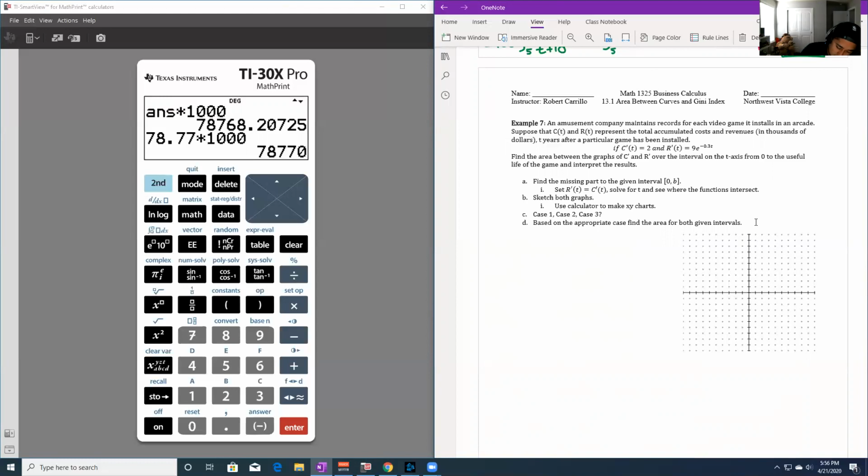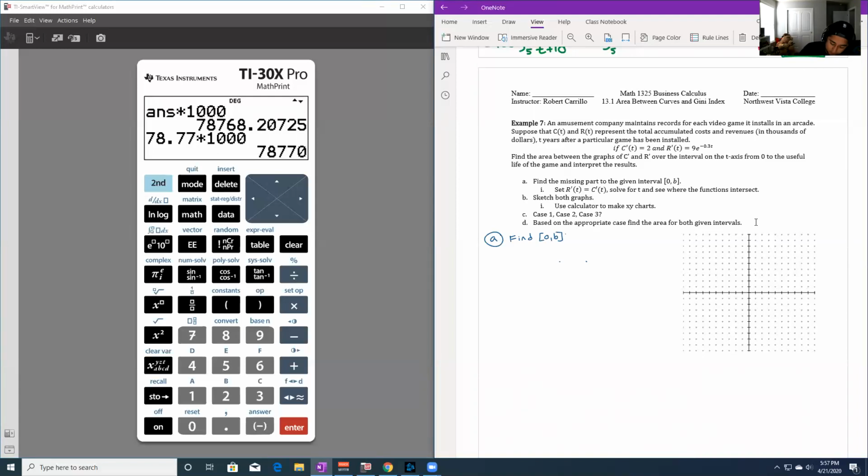So let's do it. So A, find the interval 0 to B. That's what we're going to do here.